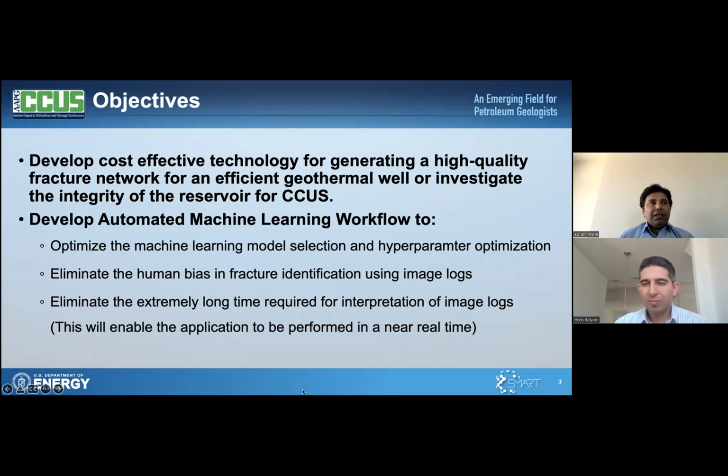So searching and looking at more recent publications, we found that there is this automated machine learning concept, especially the tree-based pipeline optimization, TPOT, that's been out there, and people are using that.